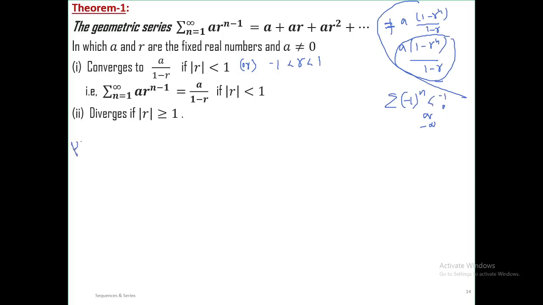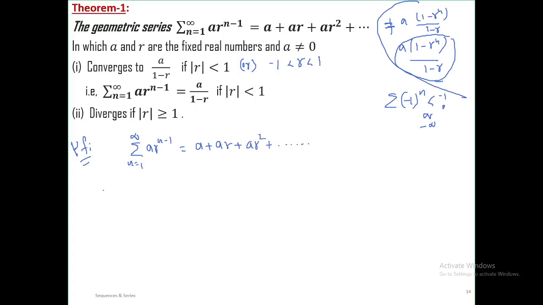For this, listen carefully. Look at the given series, n running from 1 to infinity, ar power n minus 1. What are the terms now? a plus ar plus ar square plus up to so on. So these are the terms. Clear?